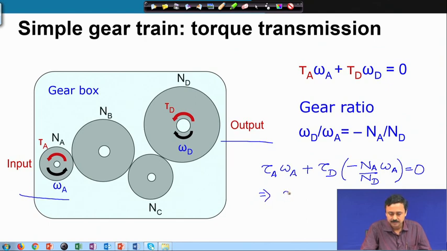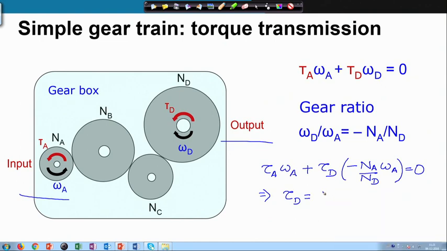So, that tells us tau D is equal to tau A N D by N A. Omega is not equal to 0. So, we have this relation between the torque at the output and the torque at the input. So, tau D is equal to tau A N D by N A.